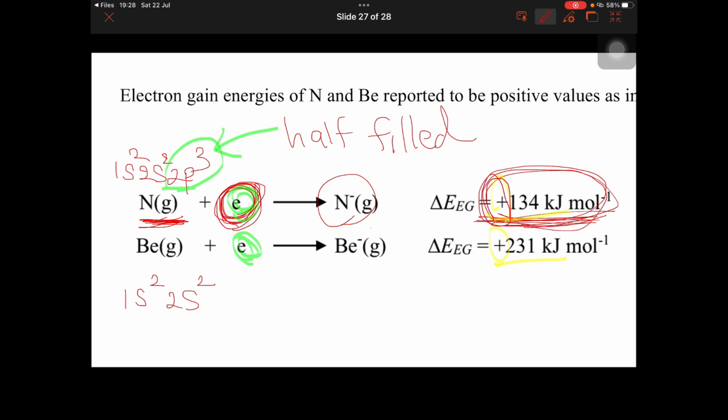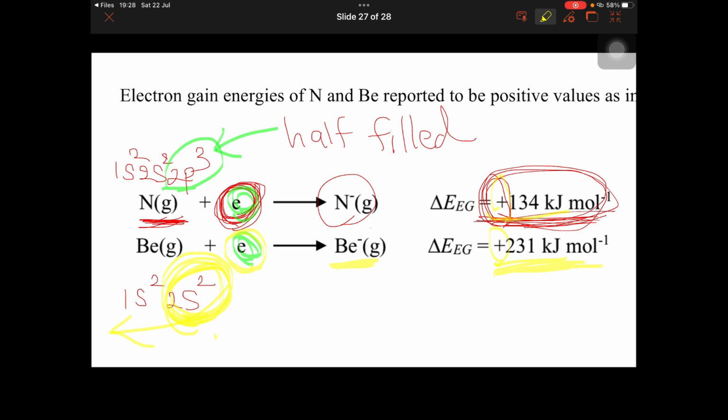That's why it's positive. With respect to beryllium also, 2s2 is a stable electronic configuration because it is a completely filled s configuration, and the s orbital is closer to the nucleus. So if you are going to input one electron, you need to put in some energy because this is also stable.